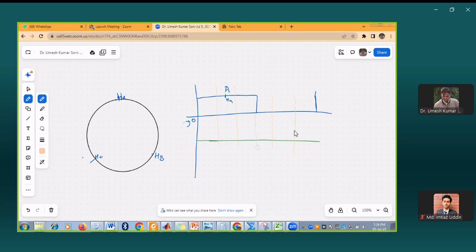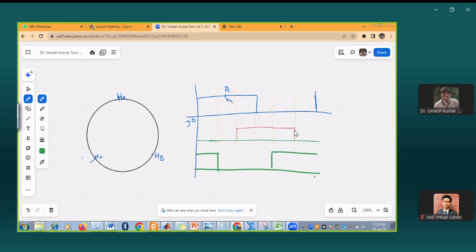Okay, so the second Hall sensor signal will be here, and the third Hall sensor signal will be this one, and this one.